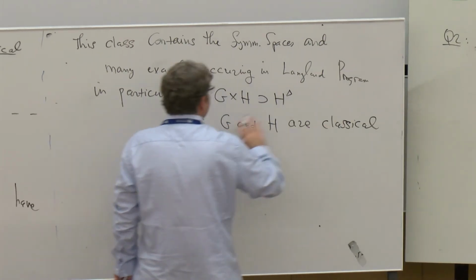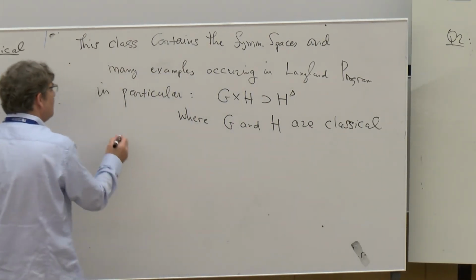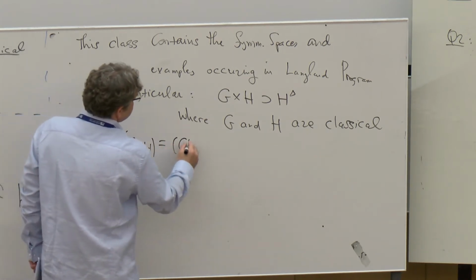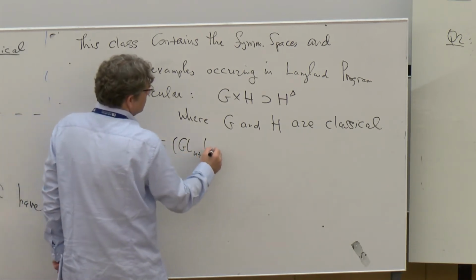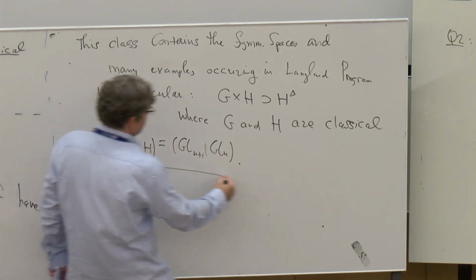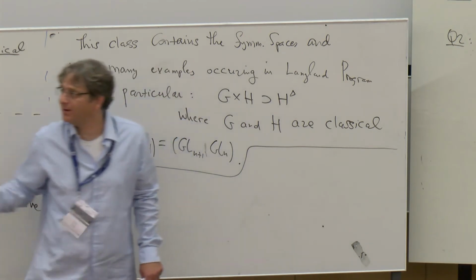So I'm not saying any G and H will do, but for example, if you take G, H to be GL(n+1), GL(n), then it will work. Okay, there are many more.